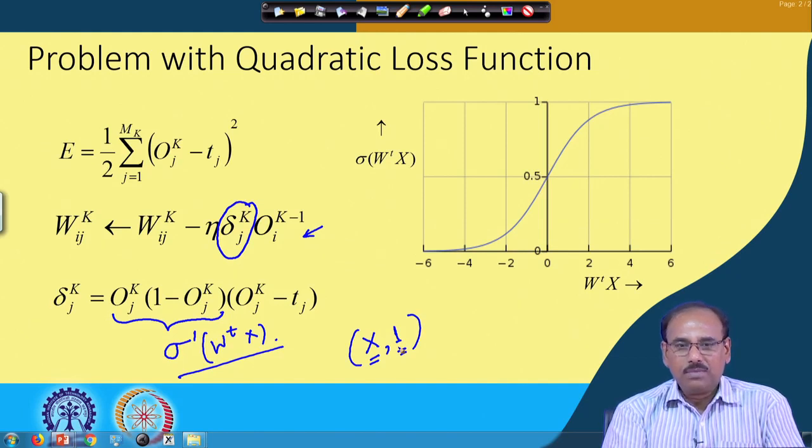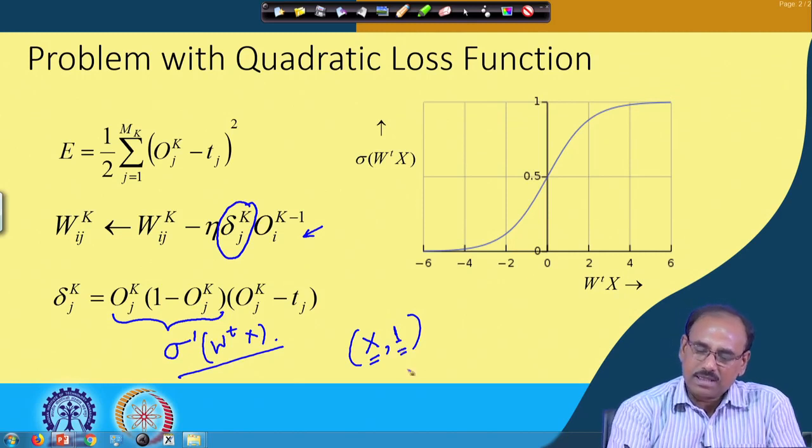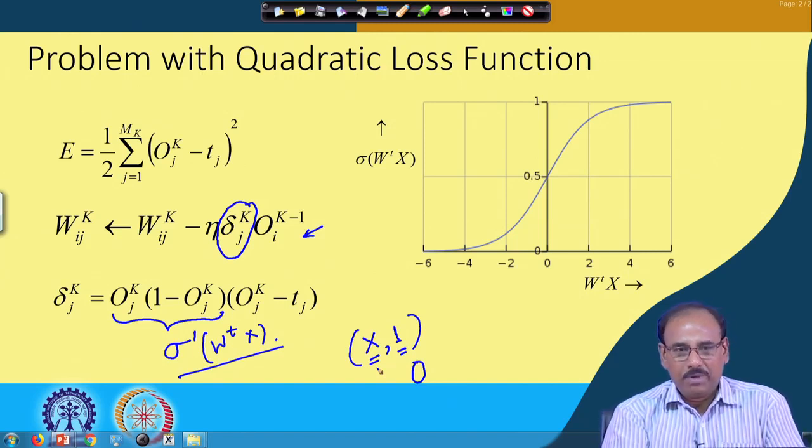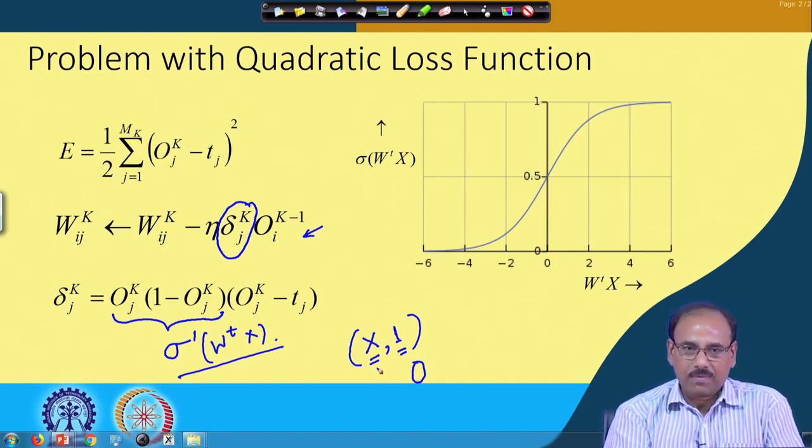If the output of the neuron is not 1, or say it is very close to 0, that means I have an error. And because I have an error, I have to go for updation of the weight vectors by propagating this error in the backward direction.